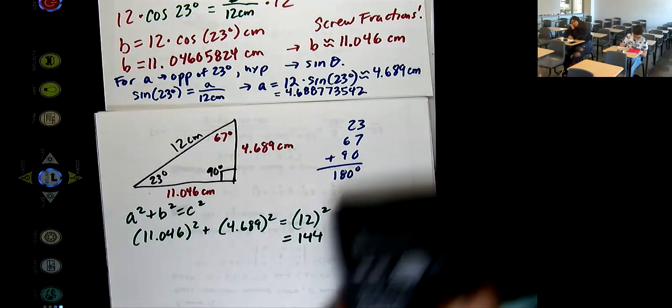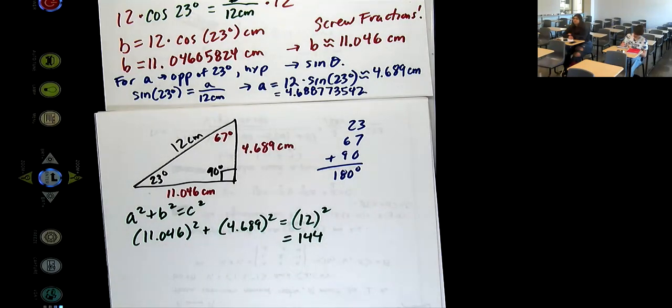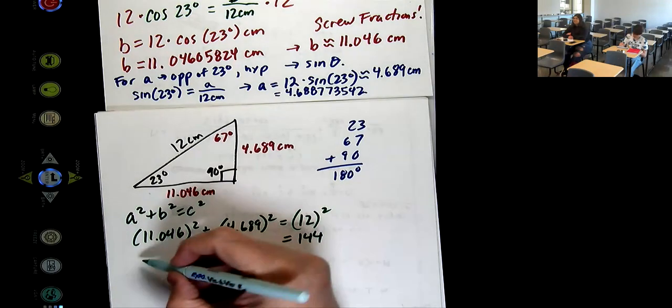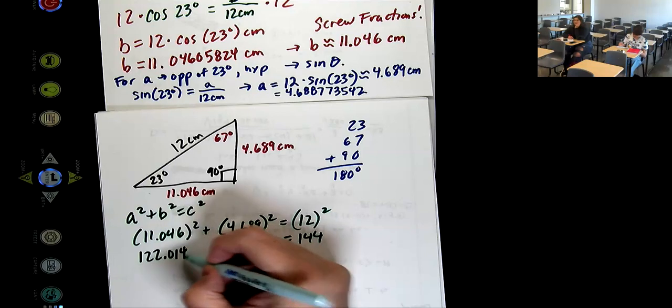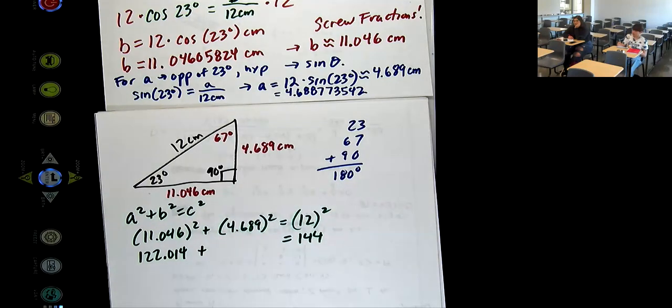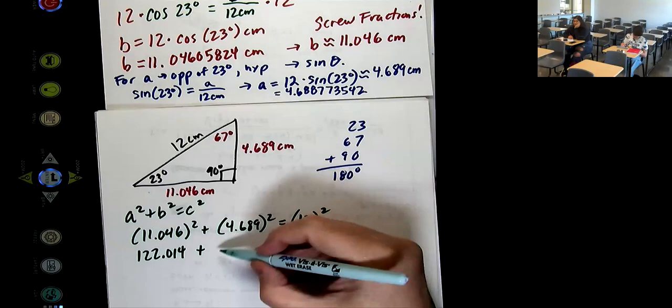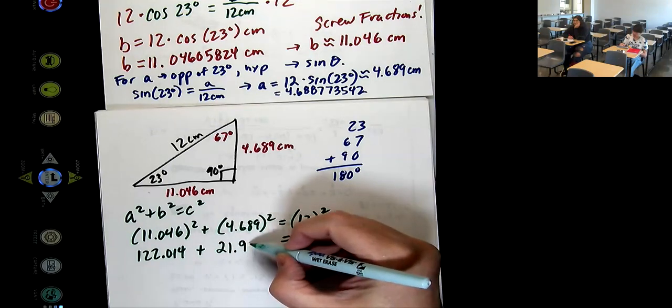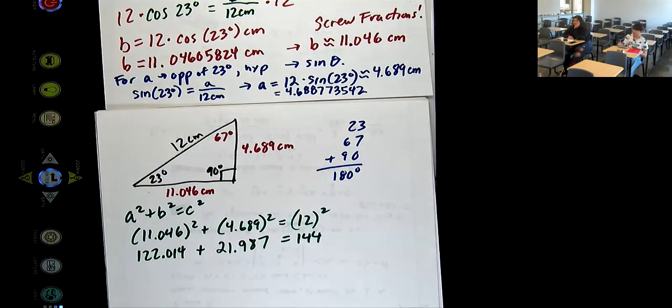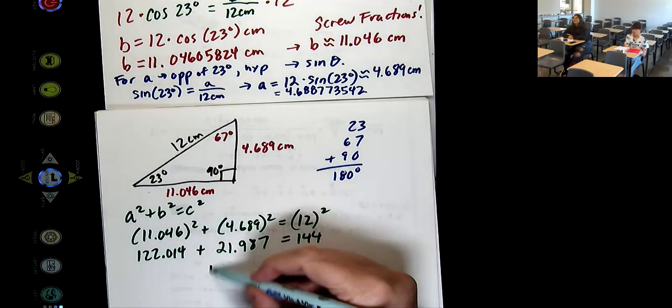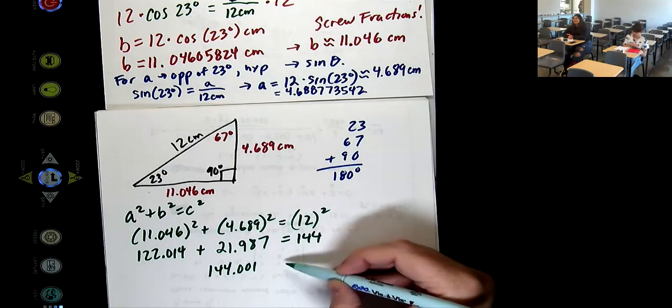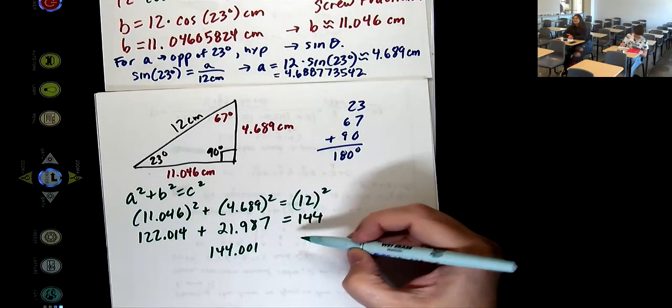Let's see how close we get once we round it. 11.046 squared equals 122.014, and 4.689 squared equals 21.987. If I add those together, I get 144.001. So it's off because we rounded.